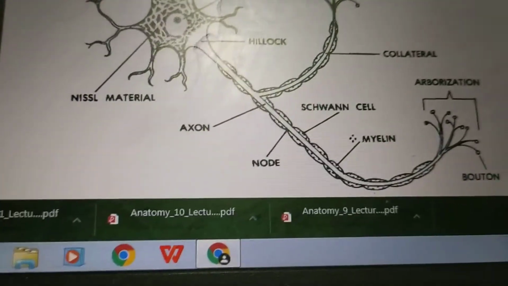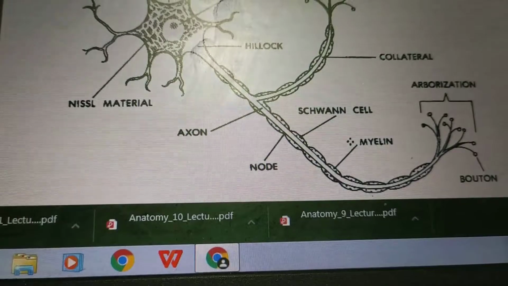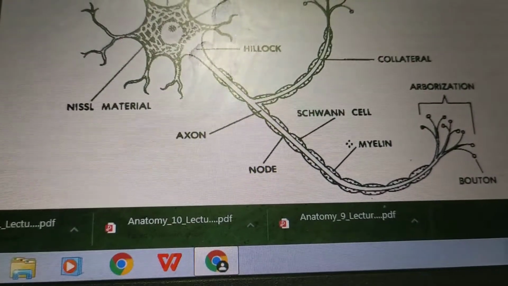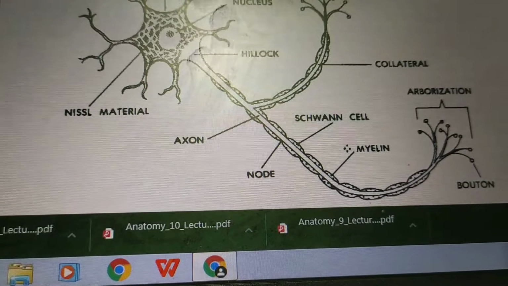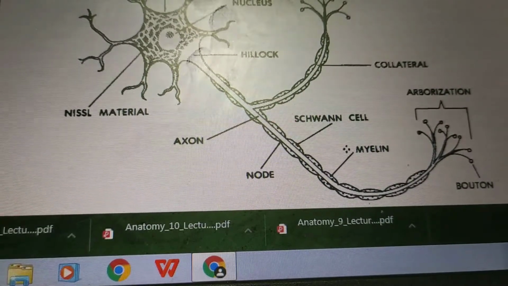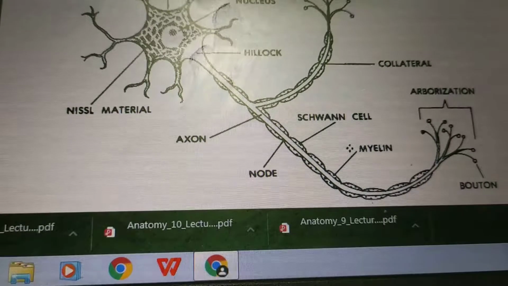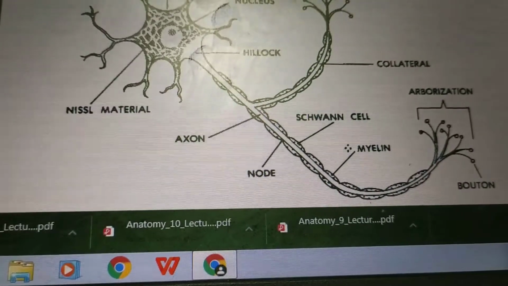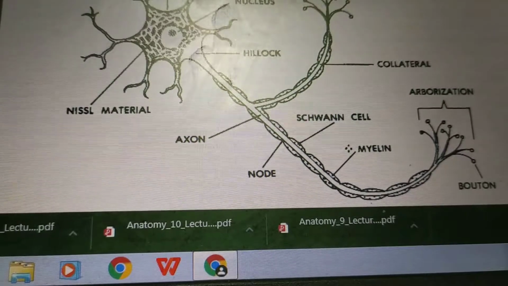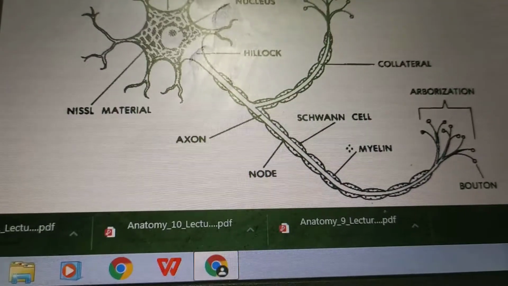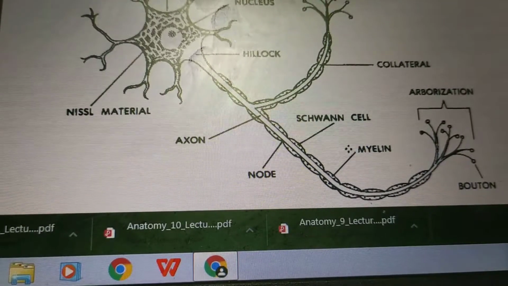We can see the axon, and a Schwann cell beside the upper side of the axon. Axon is under the Schwann cell, and every Schwann cell has a node and myelin.